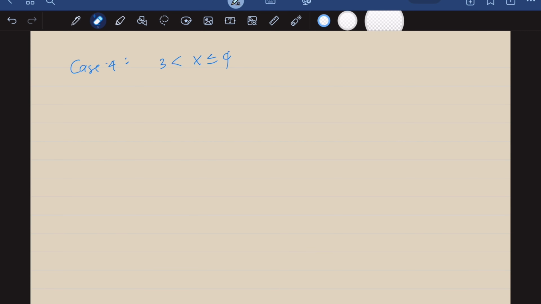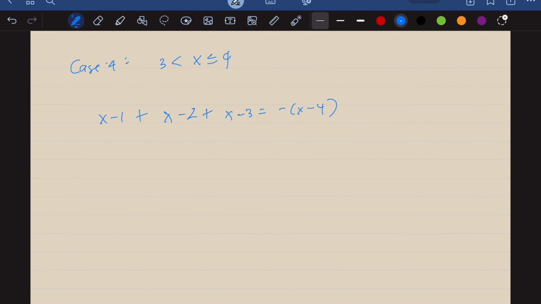So we have here x minus 1. We have here every function positive except the last one. So we simplify this. 2x, I'll just do it quickly. 3x, because we have been doing this since a while back, so this should be just repetitive. 4x is equal to 6 plus 4, x is equal to 10 over 4, which is equal to 5 over 2 equals 2.5.